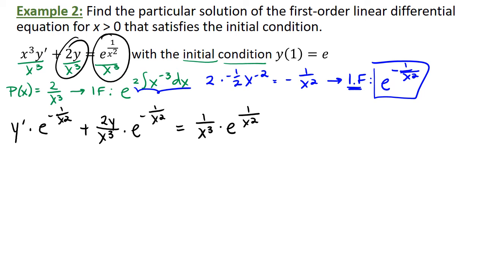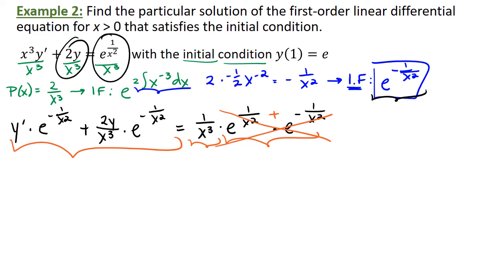I am going to multiply this by the integrating factor, which is e to the negative 1/x squared. Now, the nice thing here is some things cancel. Since these have the same base, you can add the exponents. When you add the exponents, you get a power of 0, and anything to the power of 0 is 1. So these cancel out, and you're only left with 1 over x cubed on the right-hand side.